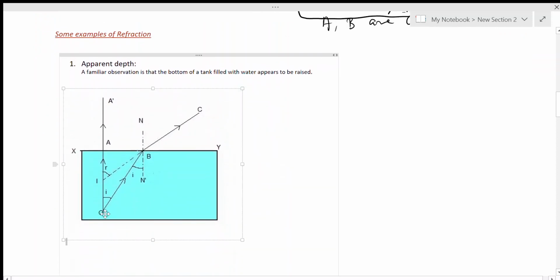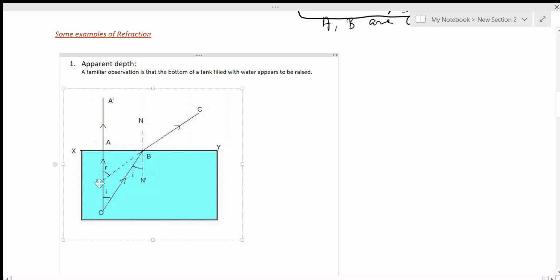Now what we can see in the next figure is something at the bottom of a tank, a coin or something, or you are putting a coin in a glass of water. Then you can see that its image is found to be a little raised upward. The real object is over here, but you will see it at a point I. So this is also caused by refraction.